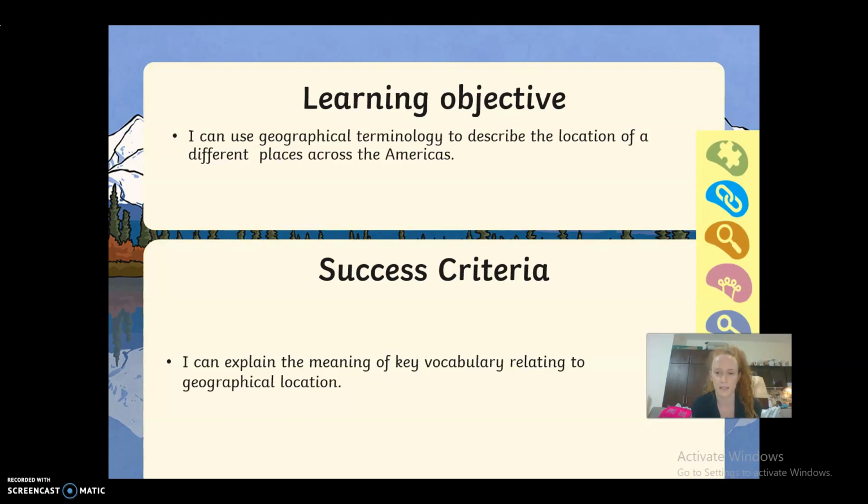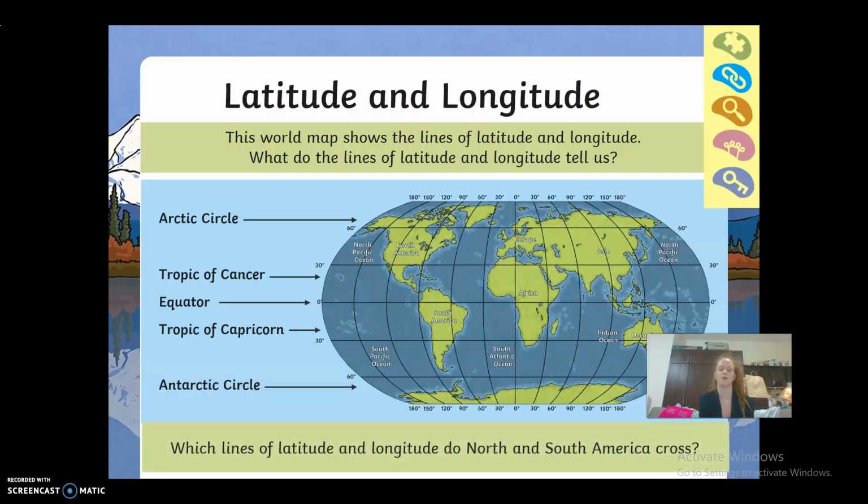In this lesson, to be successful, you will have to be able to explain the meaning of key vocabulary relating to geographical location.